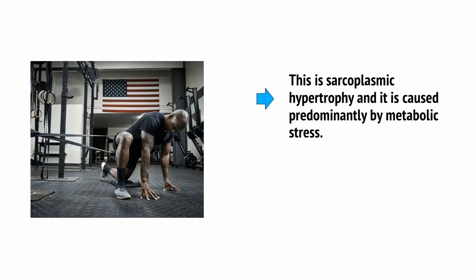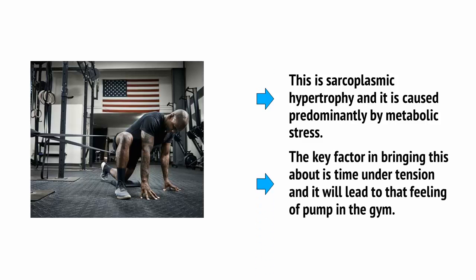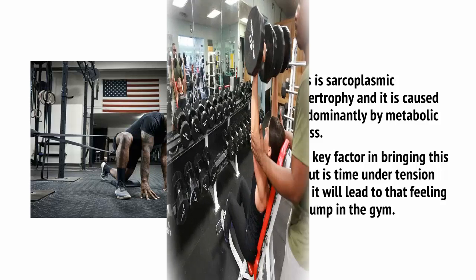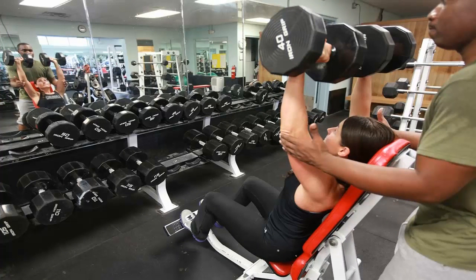So this is sarcoplasmic hypertrophy, and it's caused predominantly by metabolic stress. The key factor in bringing about this is time under tension, and it will lead to that feeling of pump in the gym. Both types are useful, and when you combine both forms of training, you can build more size and power.